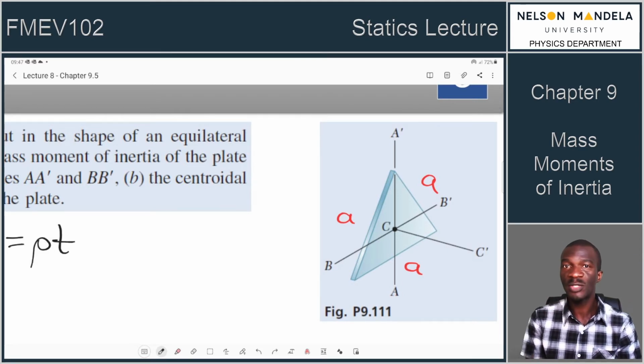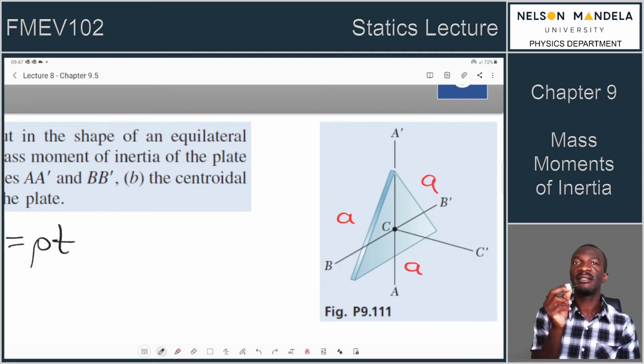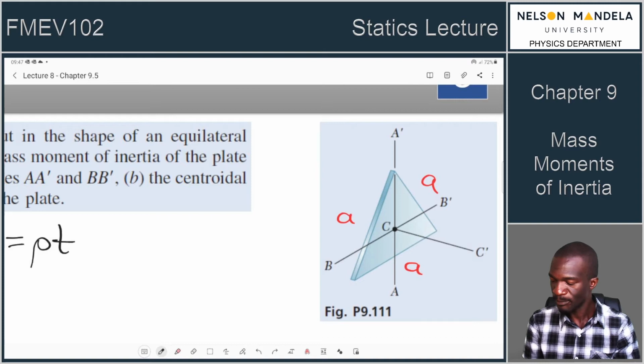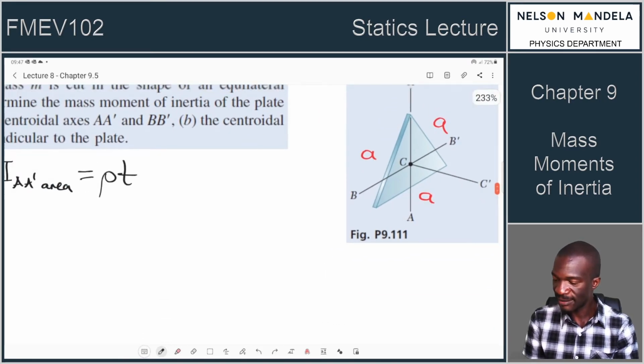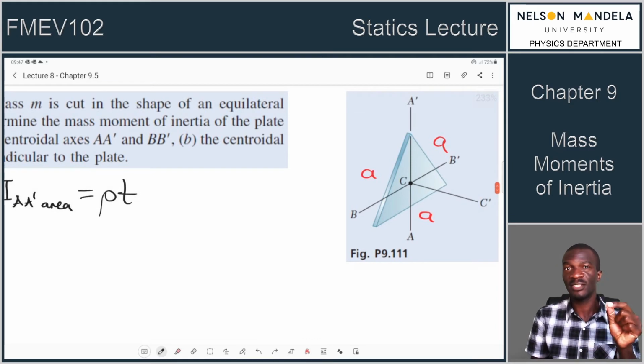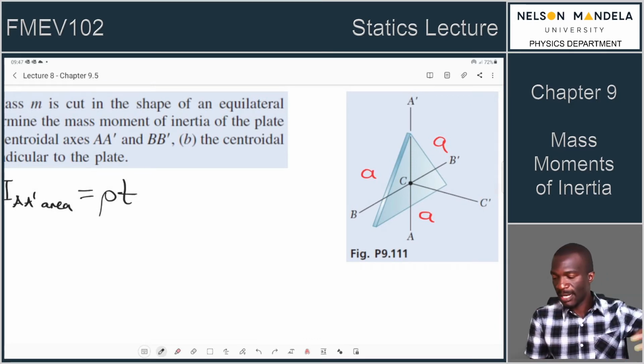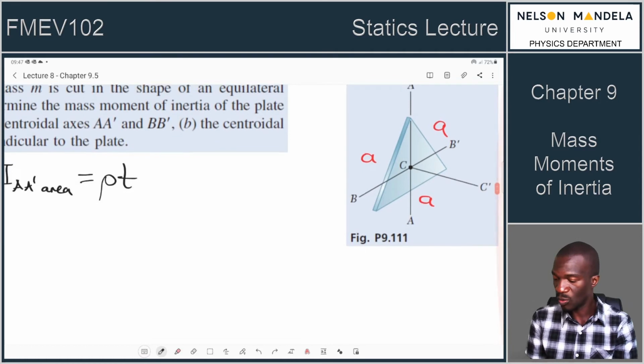So what do we do then? What we are given though is an area moment about a base, right? An area moment about a base. So we can reinterpret this triangle and take advantage of the base area moment, because that's all we have.